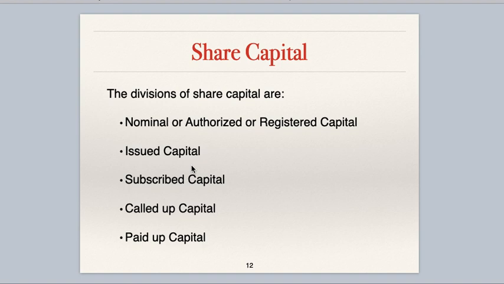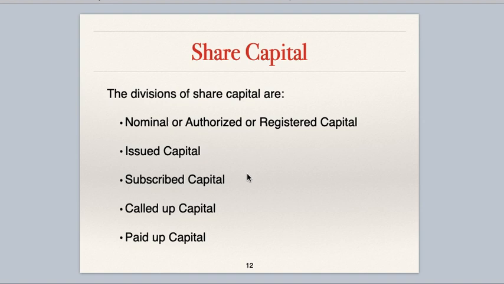Now supposing the company has asked people to subscribe for 10,000 shares, and it has received only 8,500 applications, then in that case 10,000 shares multiplied by face value is issued capital, and 8,500 into face value is subscribed capital.